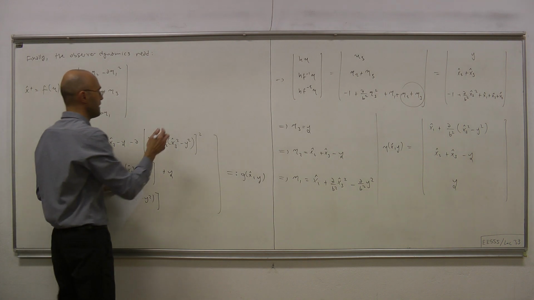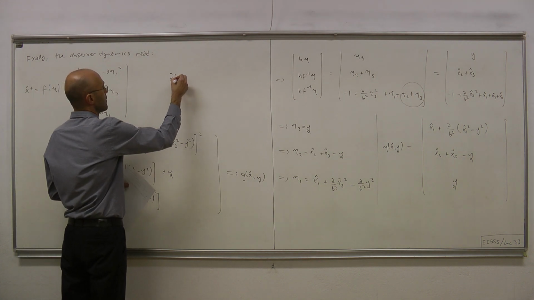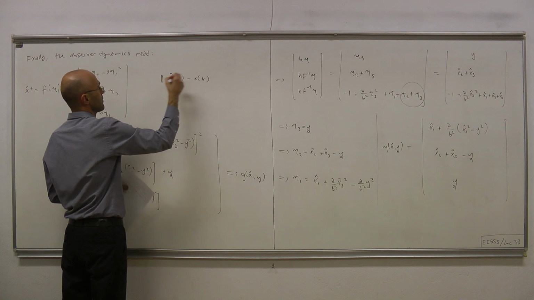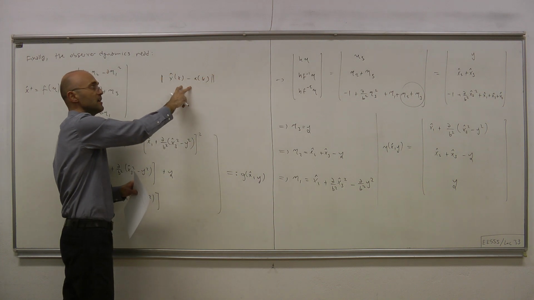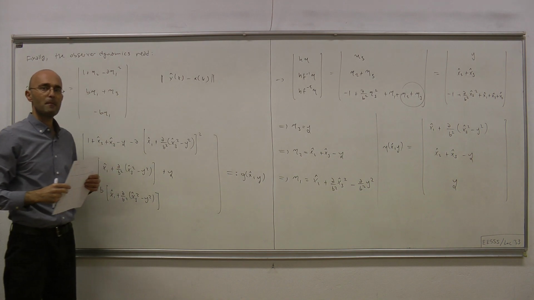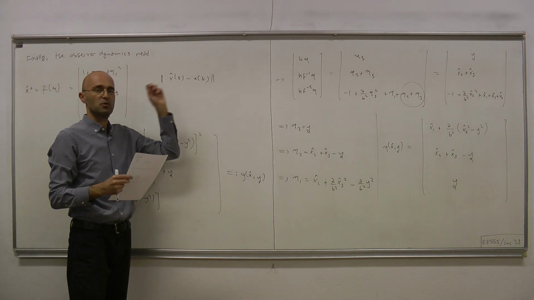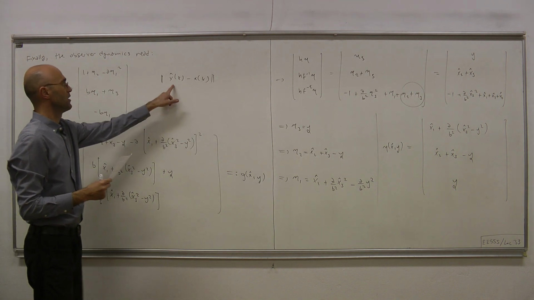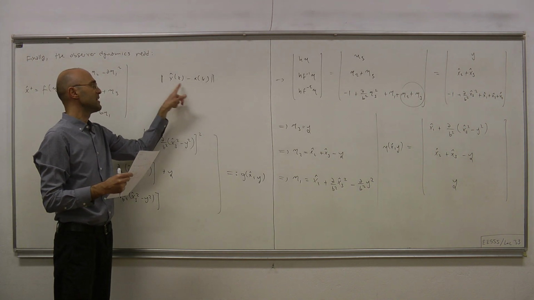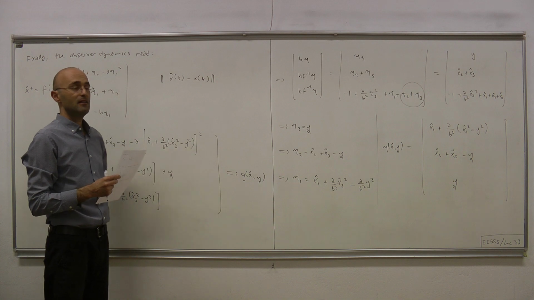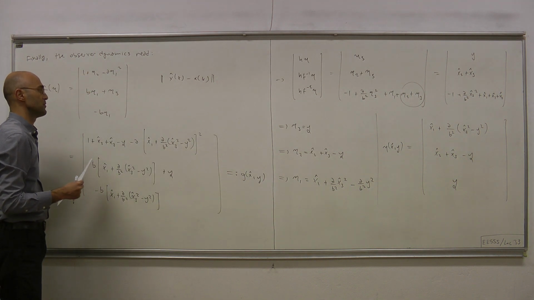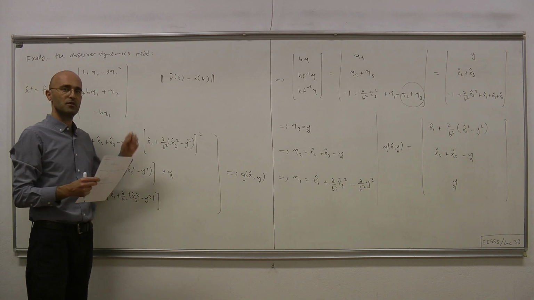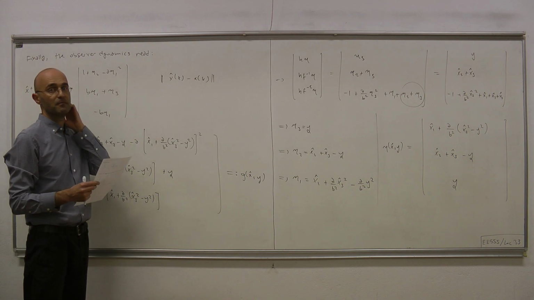And then look at this difference. What you expect here is that this difference becomes 0 at k equals 3 and remains 0 for all future times. In other words, the observer state catches exactly the actual state of the system at k equals 3, because the order of the system was 3 in our case.